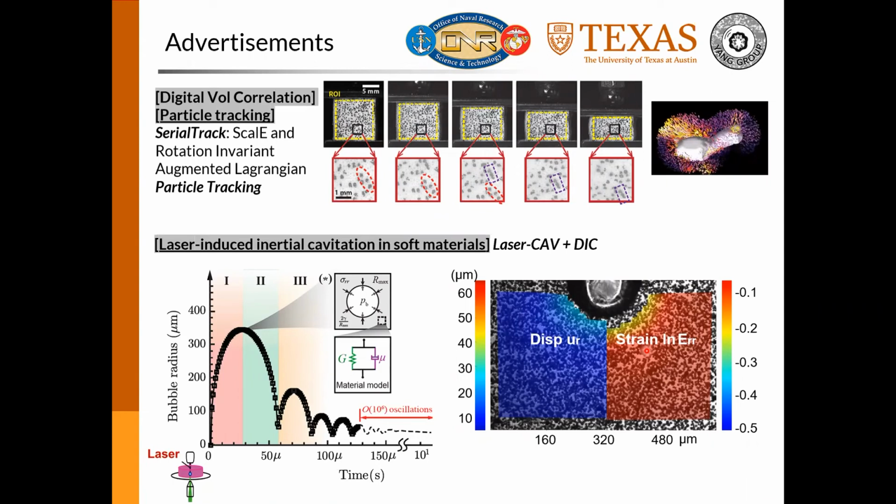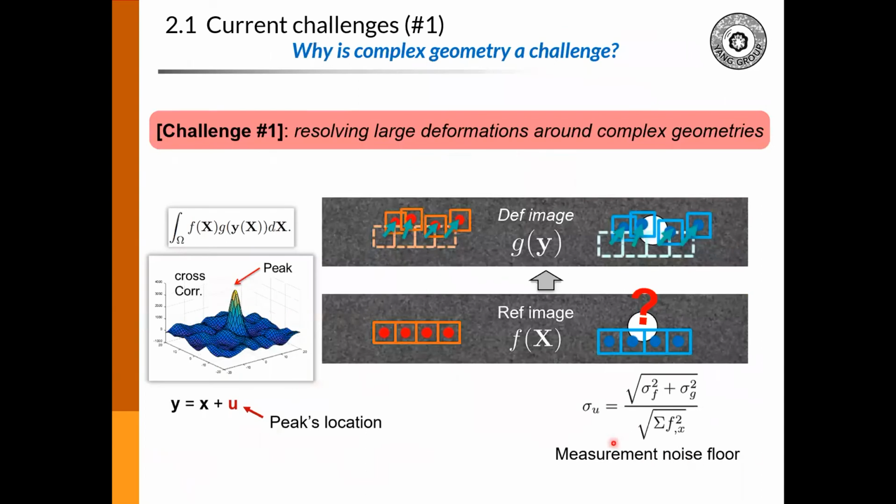Yeah, that's a good point. That's correct, because Kala also had a similar comment related to your question. Different areas may have different speckle patterns, right? They may have different grayscale value gradients. So if you want the same noise floor for all the subsets, you may need a different window.